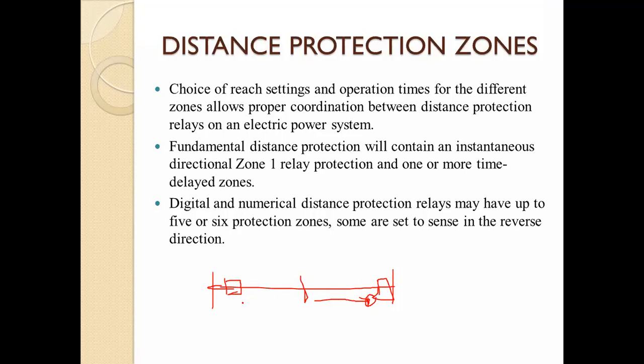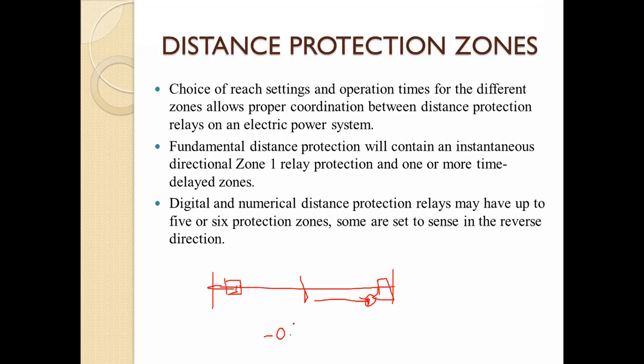Suppose I consider this relay is the nearest one, then this should operate first, according to the time graded system, which we have already seen. But then this relay also should operate at the same time. It means whatever time is set for that relay operation, according to that, the relays will operate.